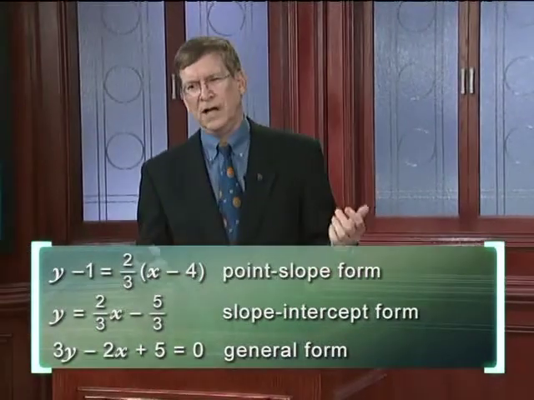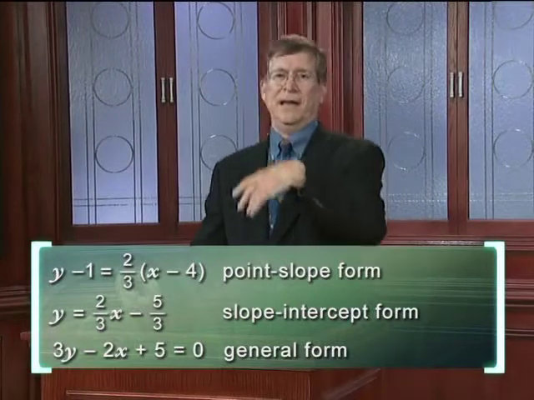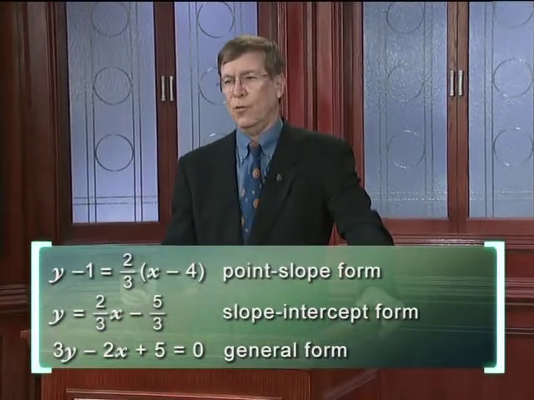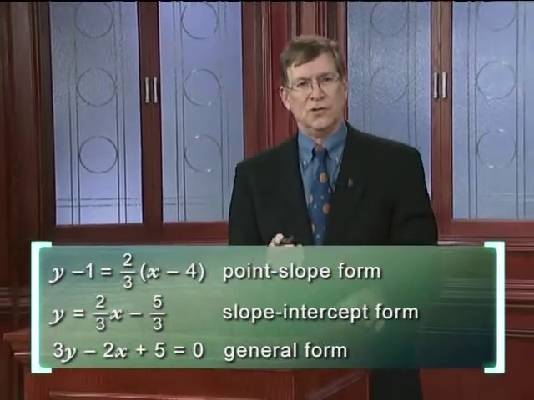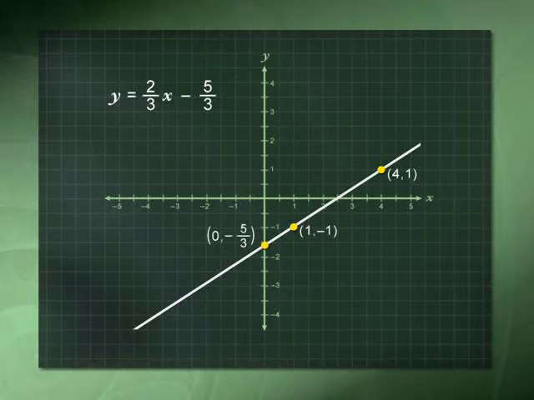That's not as useful, I don't think. Nor is it unique. You could multiply that form by 6 and get a different general form equivalent to the original. So here's a picture of our line through the 2 points, 1, minus 1 and 4, 1. The slope was 2/3, which means it's rising. It's going upwards as you go left to right.